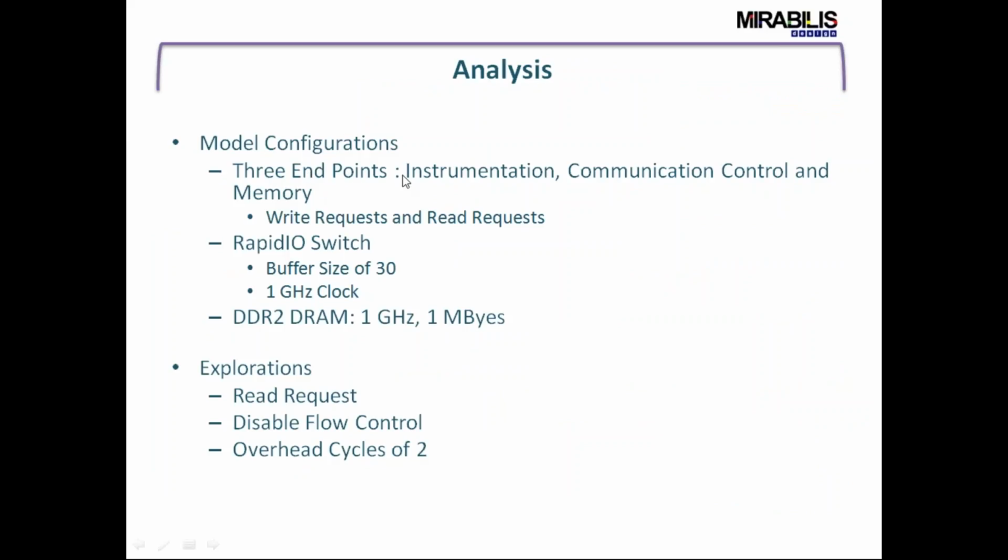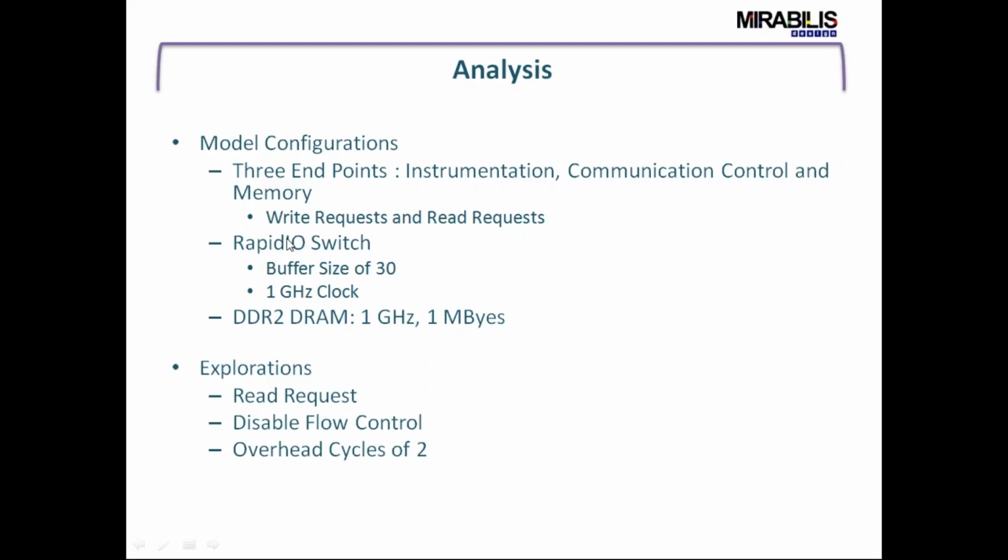Okay, and here's the sample analysis that we have conducted. The model that we have constructed has 3 endpoints, which I just showed you, with instrumentation and communication control and a memory. These instrumentation and communication control devices provide read requests and write requests. And the size of the data that it sends could be all the way up to 256 megabytes.